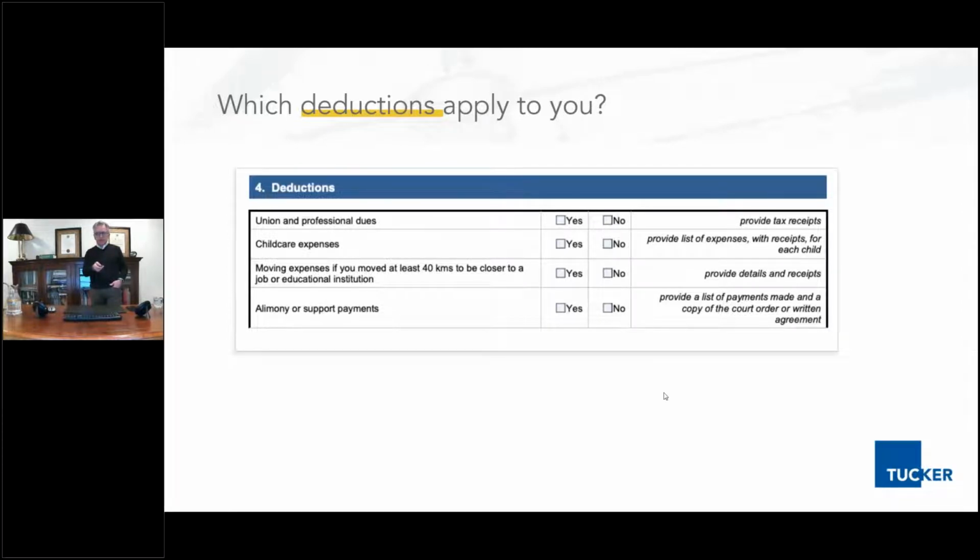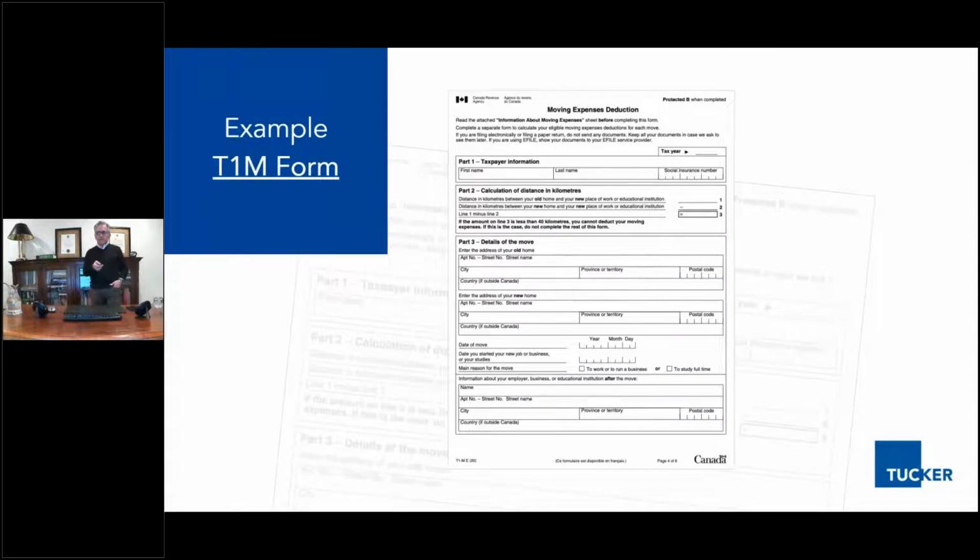All right, let me just move forward here, because when it comes to moving expenses, there is information that's needed. This form is called a T1M form. I'm not asking you to fill it out, don't do that, but just look at the information that's requested on it and make sure we have that information, because if you move for job or school, we are going to have to complete this in order for you to be able to deduct your moving expenses.